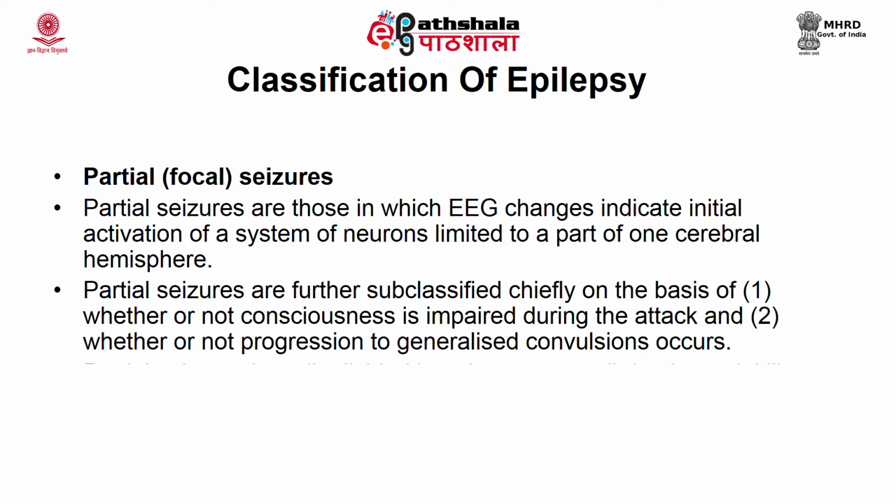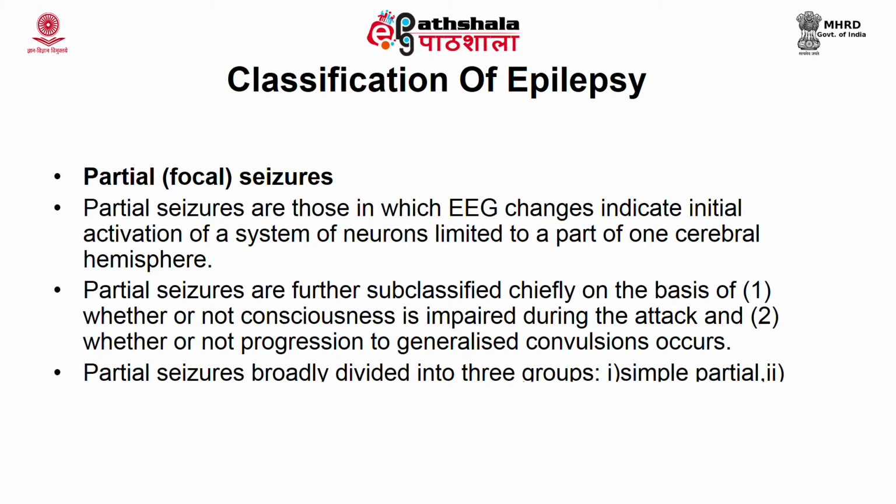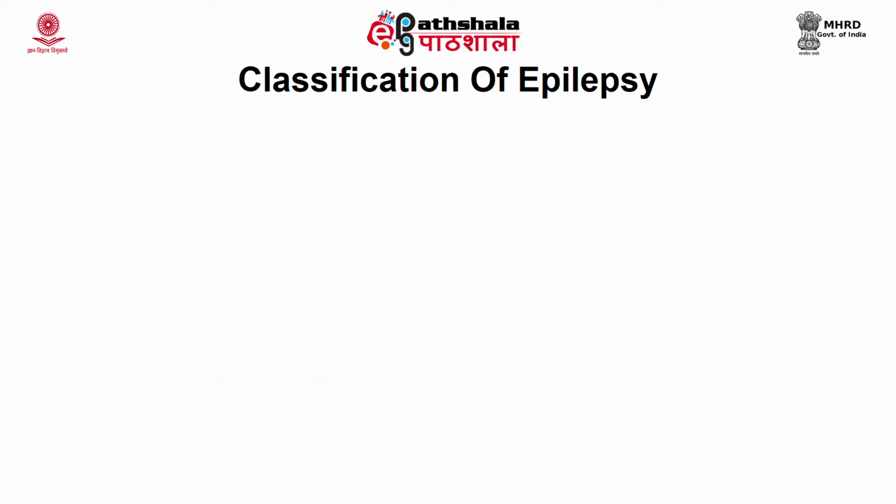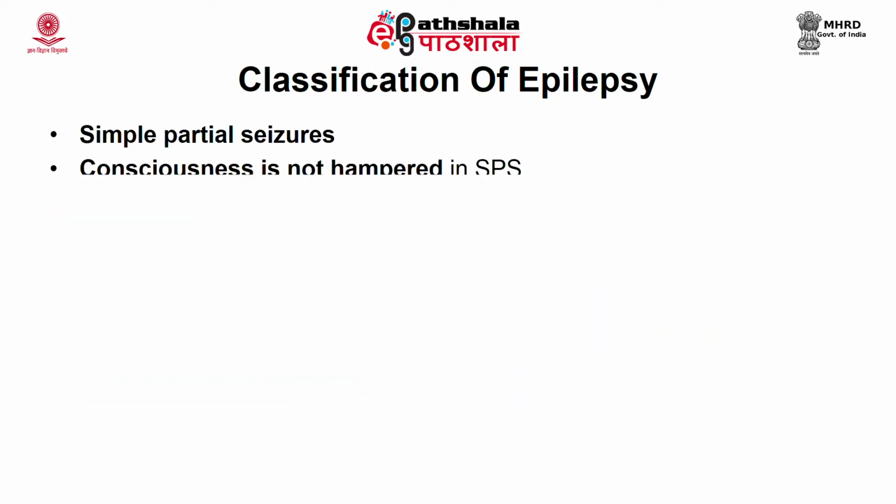There are again subclassifications: it could be simple partial, complex partial, or partial with secondary generalization. In simple partial, the consciousness is not hampered. In short, simple partial seizures are also called SPS.